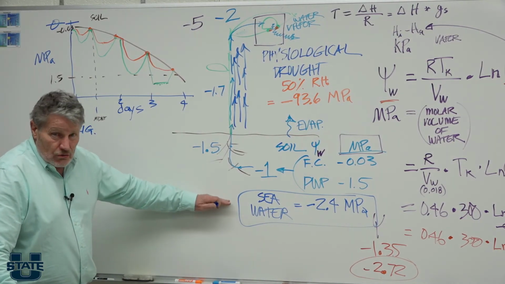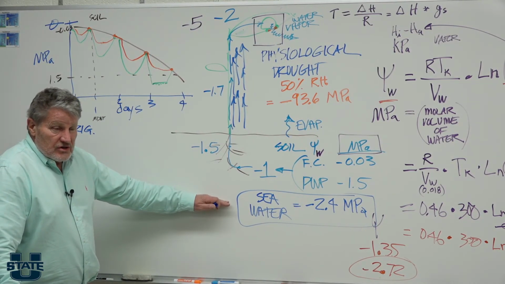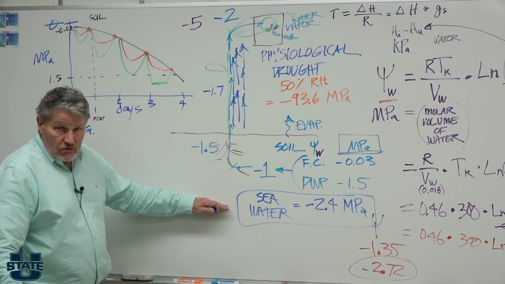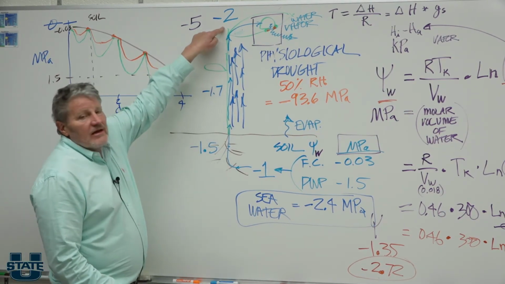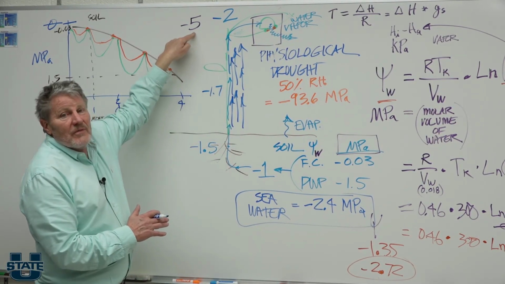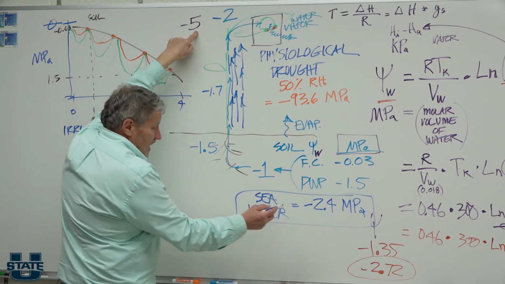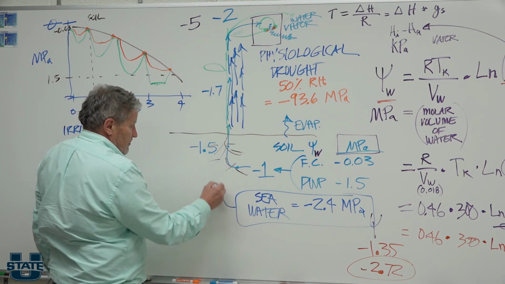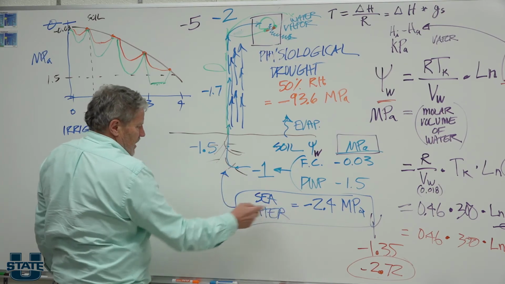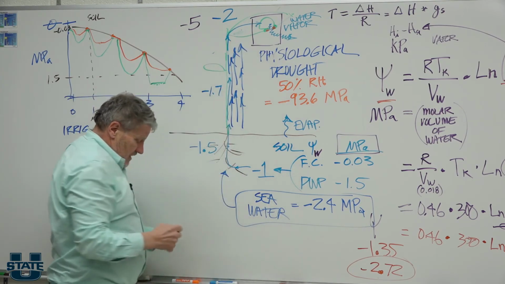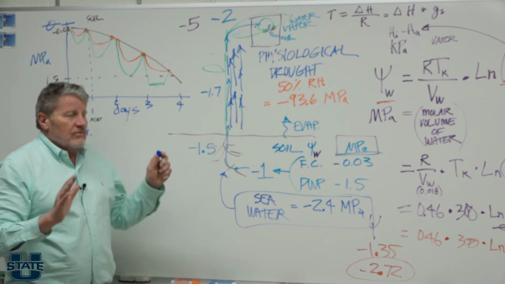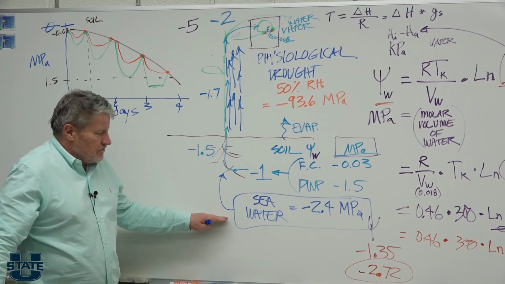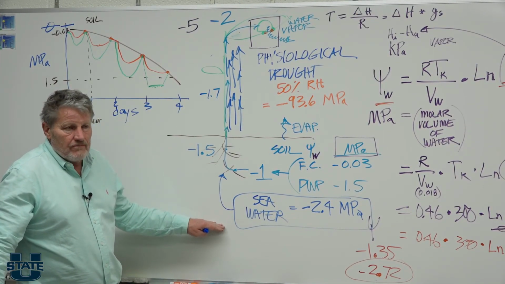But it's close. And there are some plants that can grow in seawater because they can get down to -5. So mangrove trees grow in seawater. We have worked for 50 years to breed plants that we could grow on seawater.